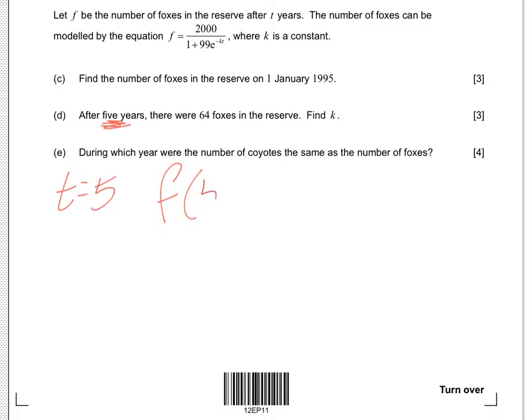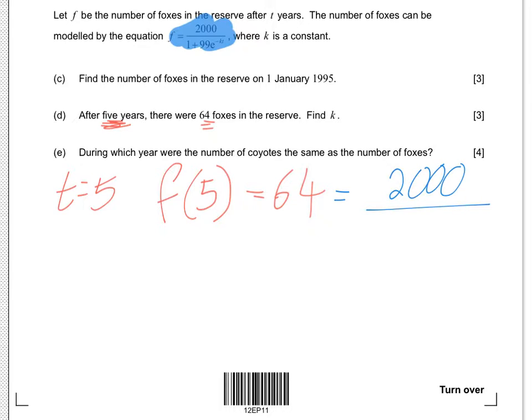I know that f of 5 is equal to 64. So I'm going to take this equation and solve it when t is 5. So it's 1 plus 99 e to the minus 5t.